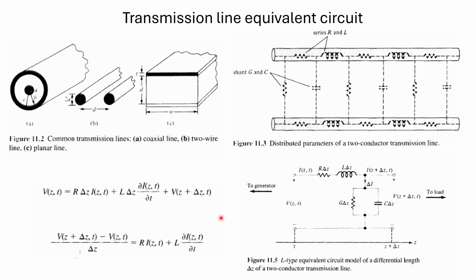Using the KCL, we can write the current equations at this particular node, that is the current coming at this point, which will be divided into this and this one.